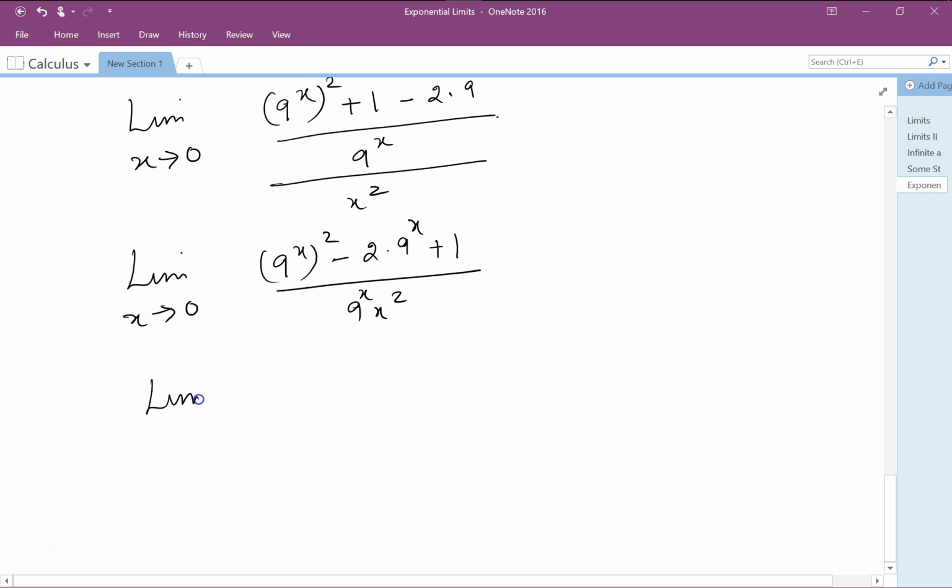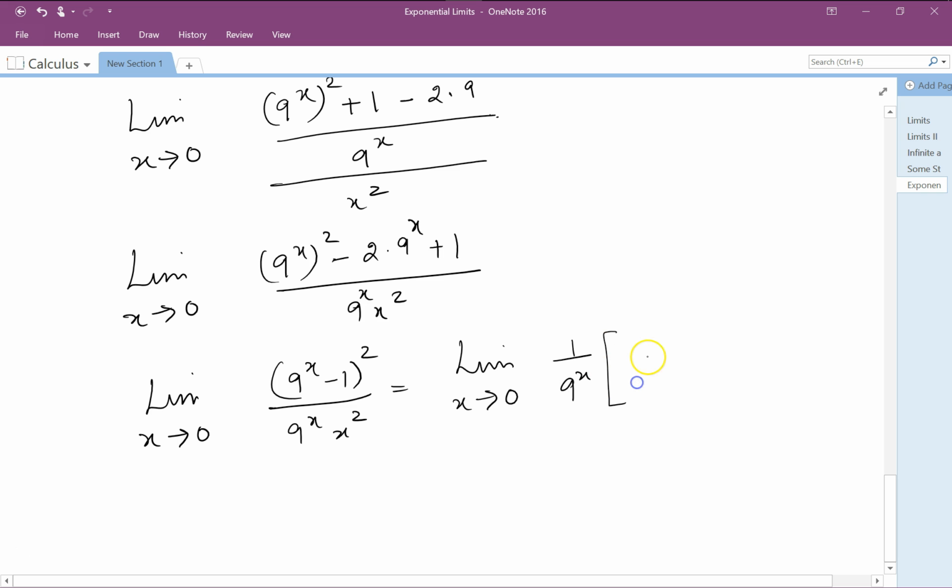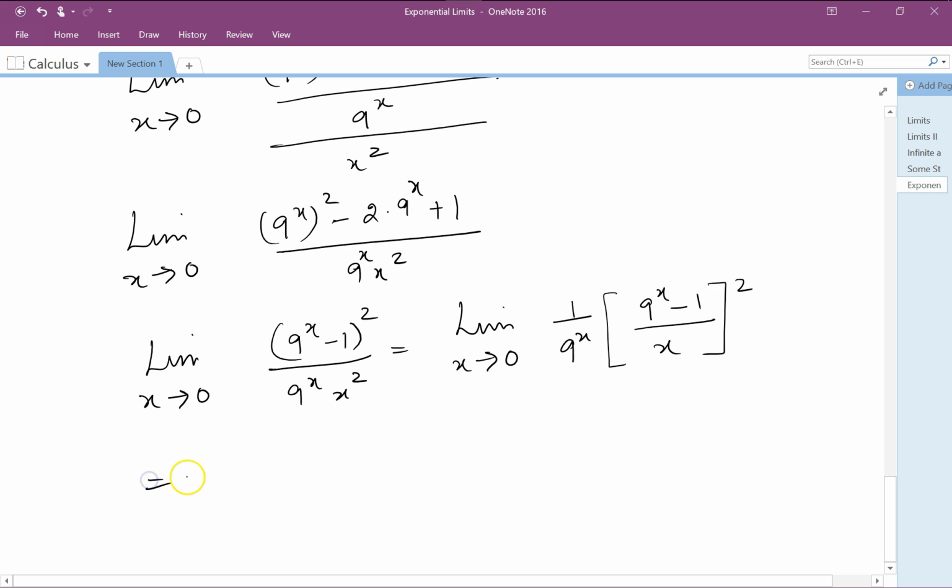So this becomes 9 to the power of x minus 1 whole square by 9 to the power of x, x squared. This in turn can be written as 1 by 9 to the power of x, because our pattern will emerge if we do it like this, 9 to the power of x minus 1 by x, the whole square.